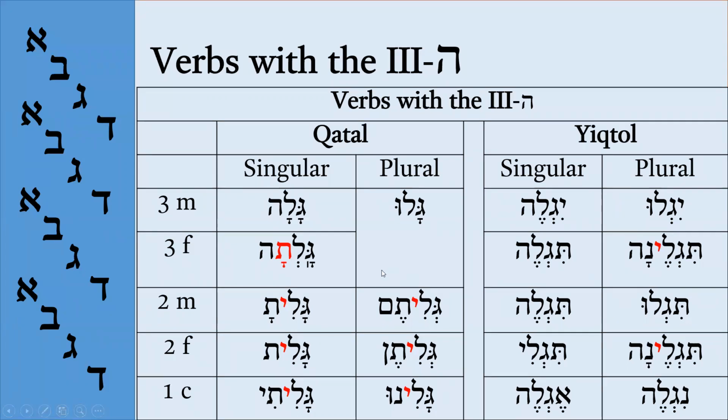So how can we memorize it? There is a very simple rule. If the suffix which is supposed to be added starts with a consonant, in this case a letter yud appears. For example, galita, the suffix is ta.